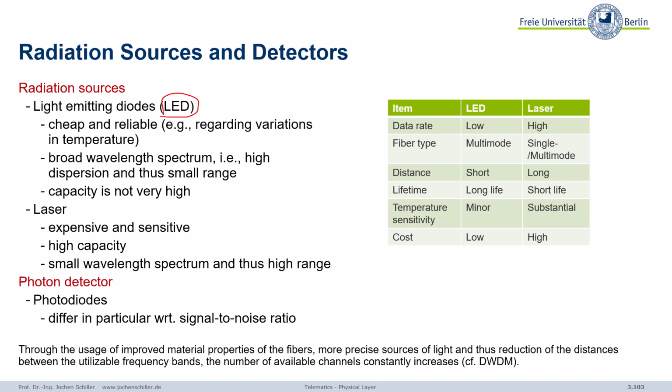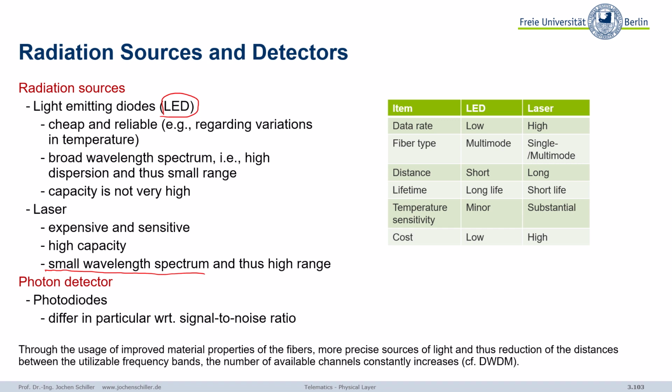Capacity is not as high as lasers, but real lasers are more expensive, sensitive, etc. So there are some pros and some cons for LED or lasers, and the advantage for laser is we can create a much smaller spectrum. That's a big advantage, and so lasers are also better for dense wavelength division multiplexing, but more expensive.